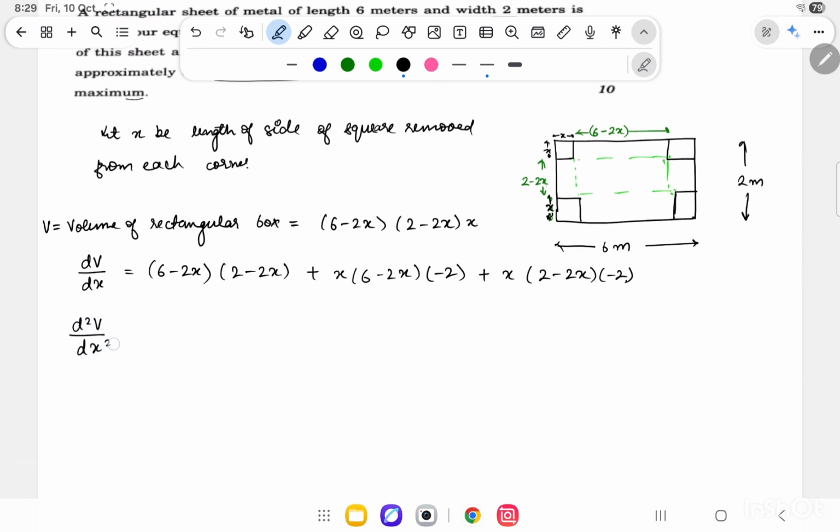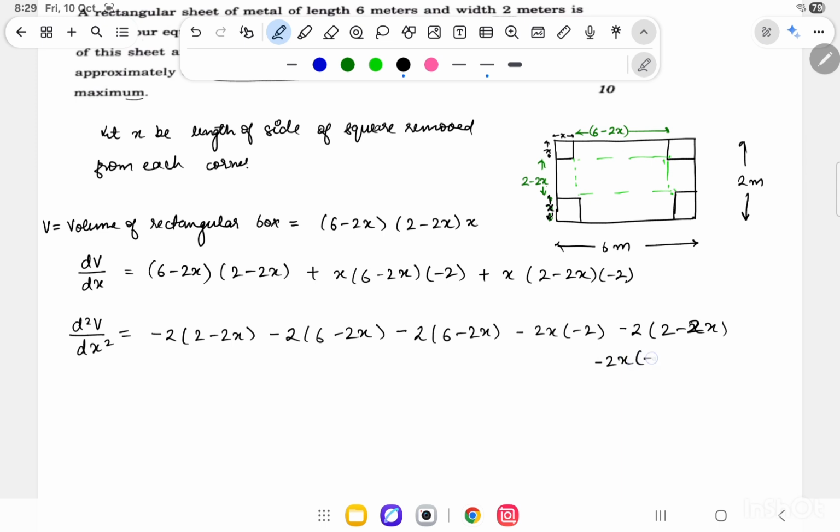So d square V by dx square will be minus 2 into (2 minus 2x), minus 2 into (6 minus 2x), minus 2 into (6 minus 2x) and minus 2x into minus 2, minus 2 into (2 minus 2x) and minus 2x into minus 2.